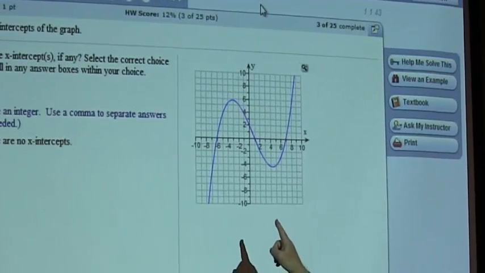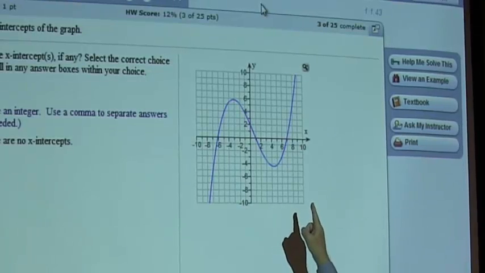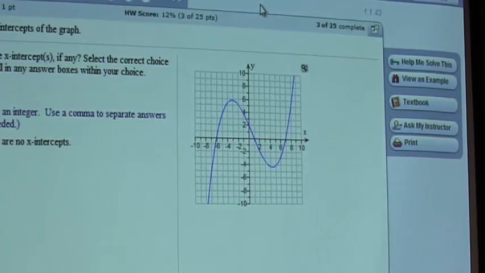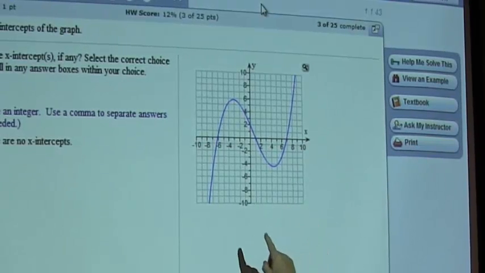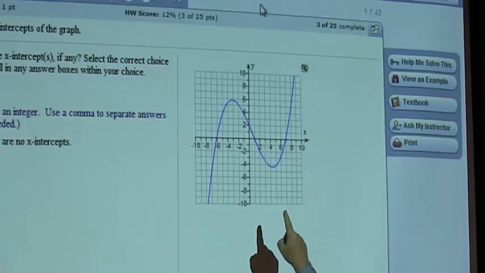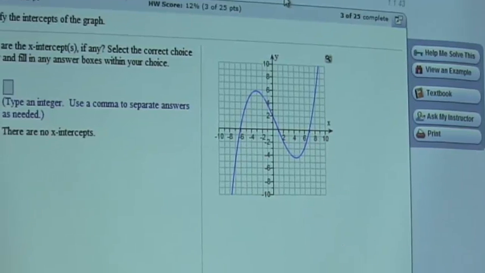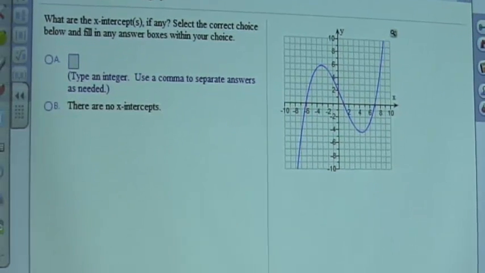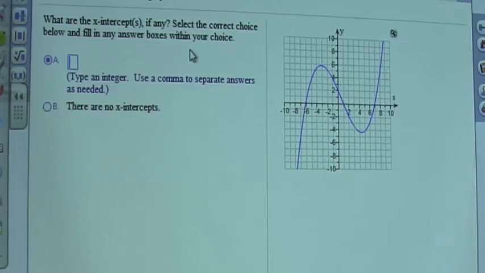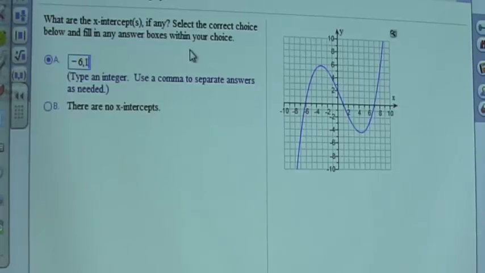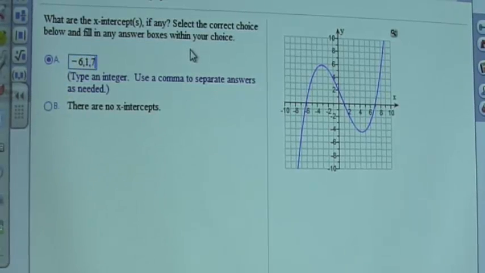It looks like I'm crossing it at negative 6, at 1, and again at 7. Those are the numbers for x, where I'm crossing the x-axis. To put those answers into my math lab, we want to separate them by commas. So we would say negative 6, comma, 1, comma, 7.